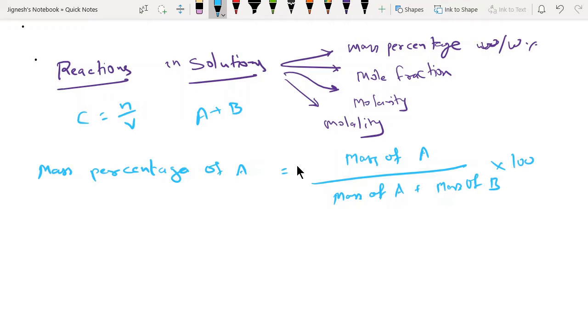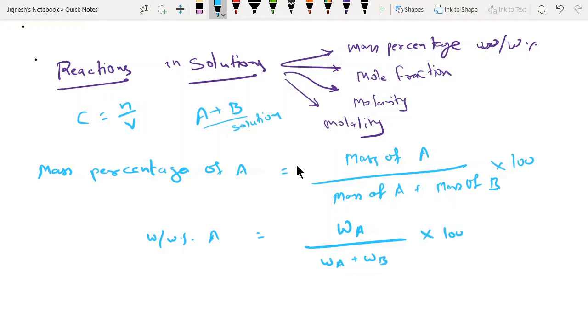A and B are mixed together to form a solution. So mass percentage of A can be written in this short form: W by W percentage of A is equal to mass of A, WA, divided by total mass of solution, that is WA plus WB, into 100.